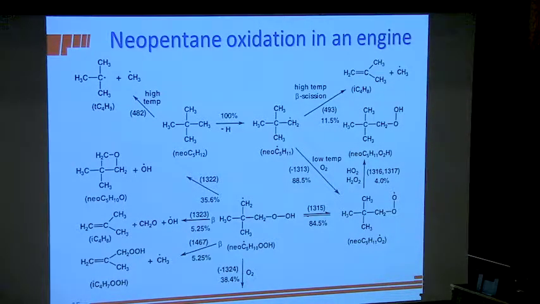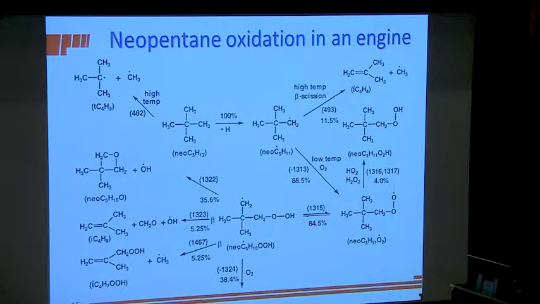But now we have a substantial portion of these forming the cyclic ether plus OH, 35, 36 in 100. And then about 10 are giving these beta scission products: isobutene plus formaldehyde plus OH, or this hydroperoxy alkenyl species plus methyl.